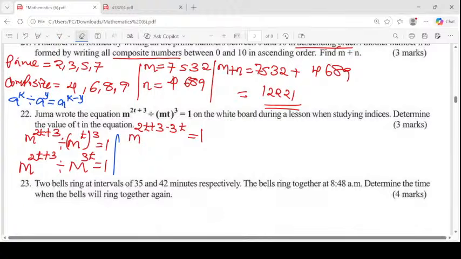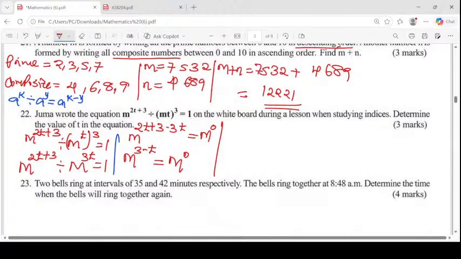Ladies and gentlemen, there is another law that says any number raised to power 0 is 1. So 1 is like saying m power 0. Because any number raised to power 0 is 1. So this will be now m power 2t minus 3t plus 3. So this will be like saying 3 minus t being now equivalent to m power 0.